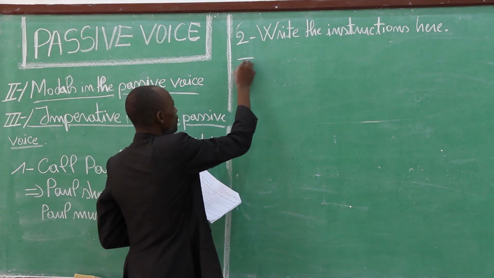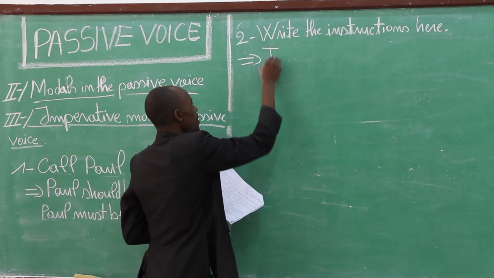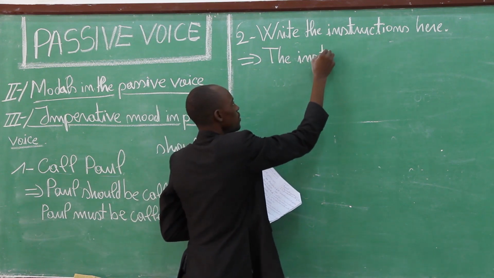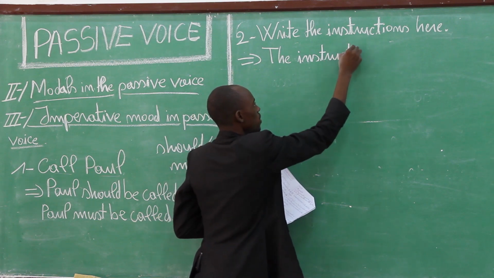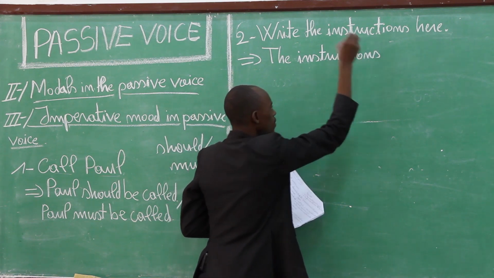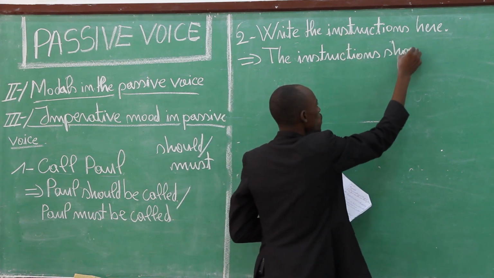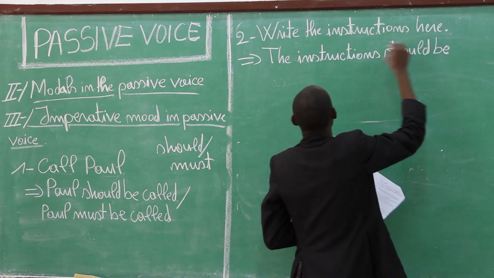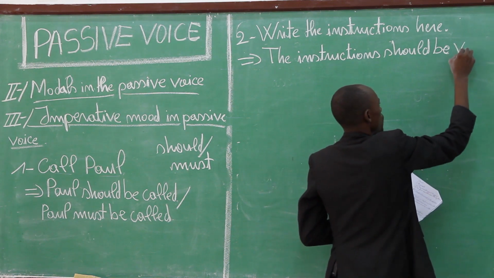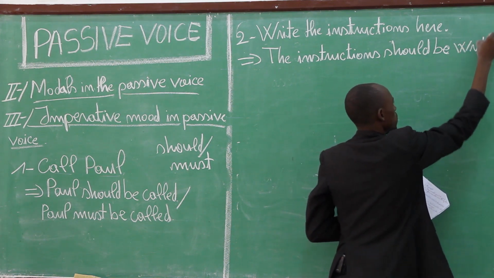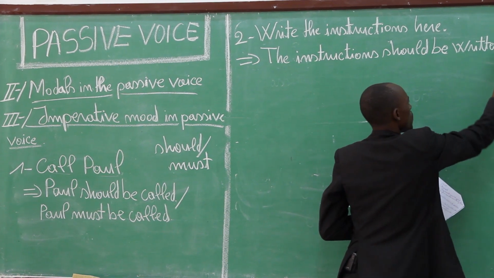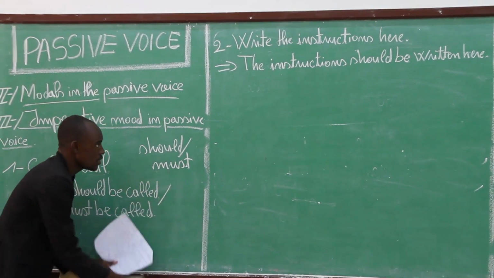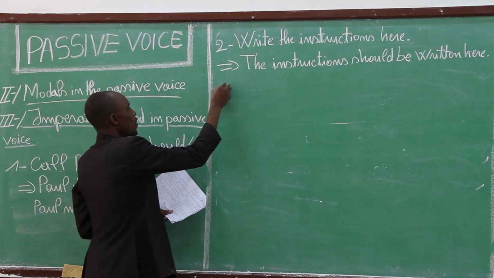And here we have the instructions should be, with the past participle written here. Yes, the instruction should be written here. Now let's conclude. Conclusion.